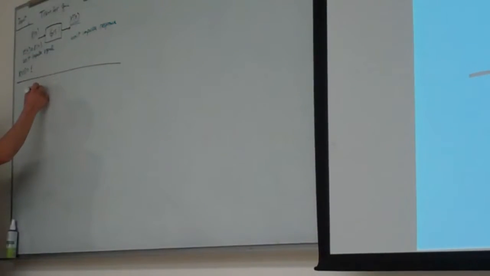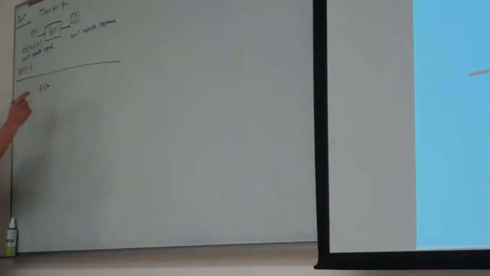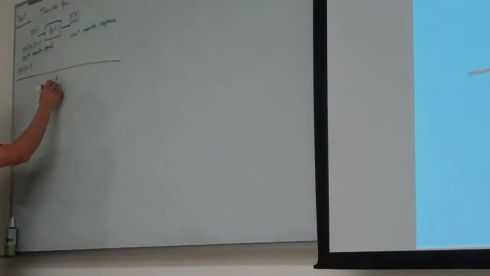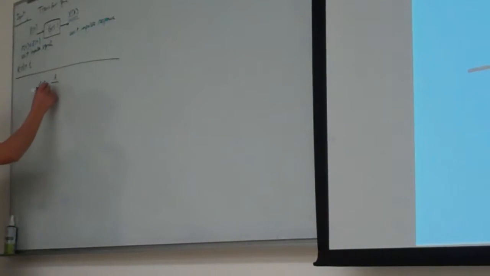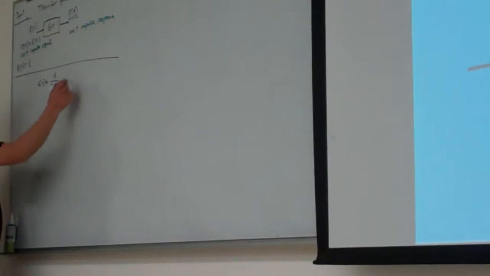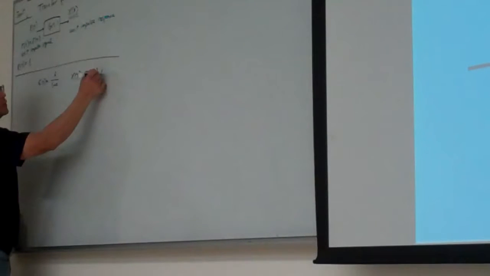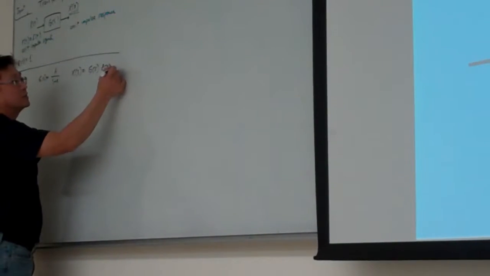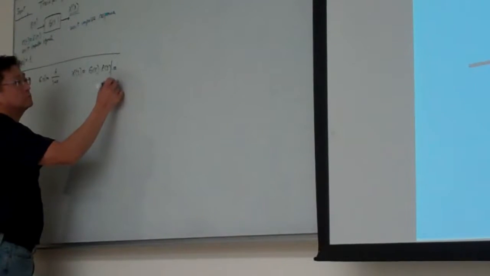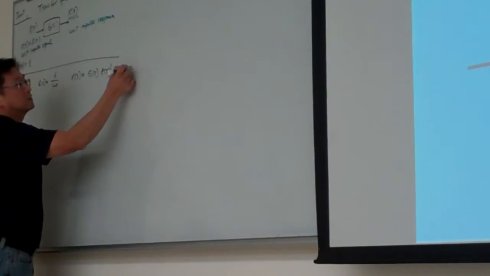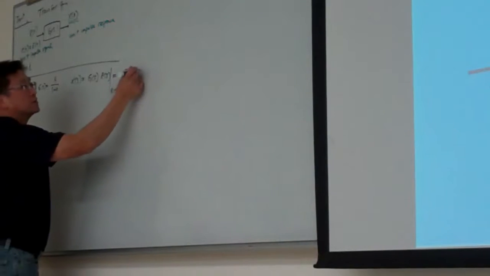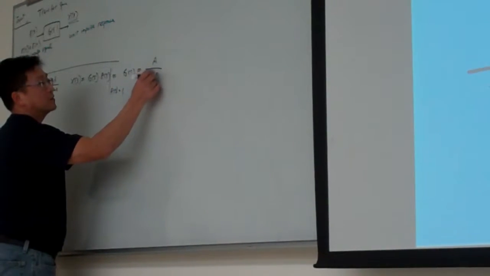For example, using this example, G(s) equal to a over s plus a. Therefore, X(s) will be equal to G(s) times R(s). Again, X equals G times R, and right now our R equals 1. So basically X(s) is G(s), which equals a over s plus a.